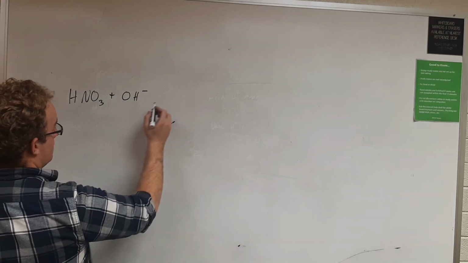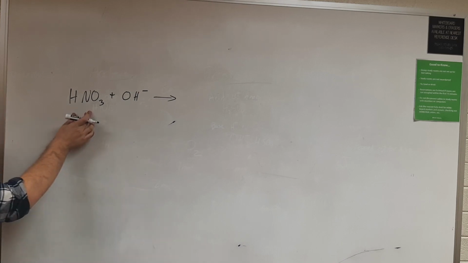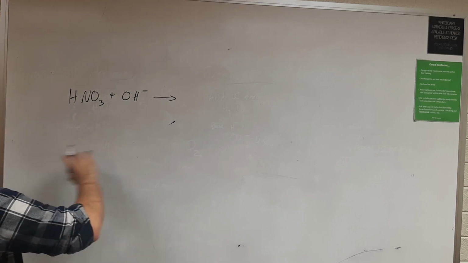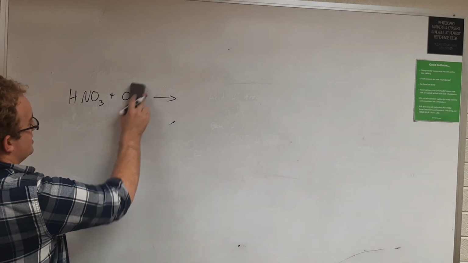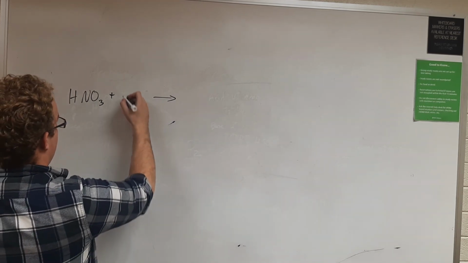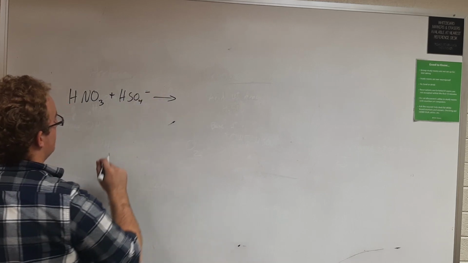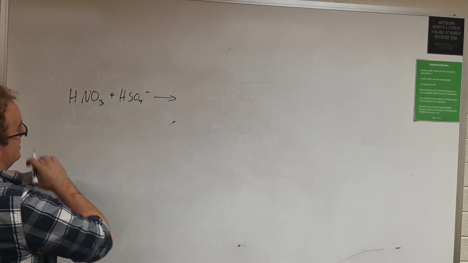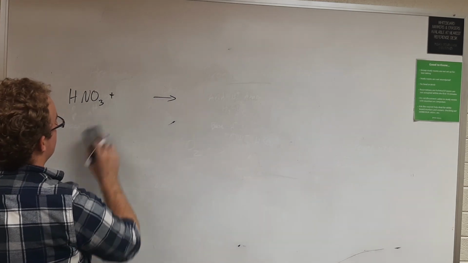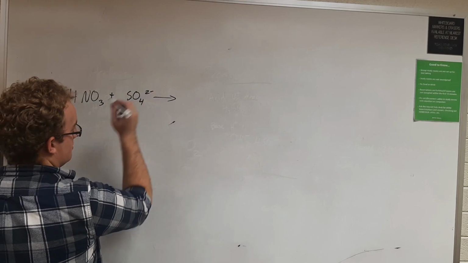Okay, so this is going to yield something in solution. This is the acid, nitric acid. It's going to give up its hydrogen. Let's actually not use this. Let's do HSO4, that base that we looked at just previously. I guess this is kind of confusing. Let's do just SO4 2 minus, like this.